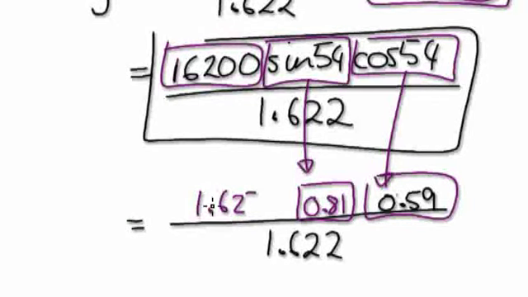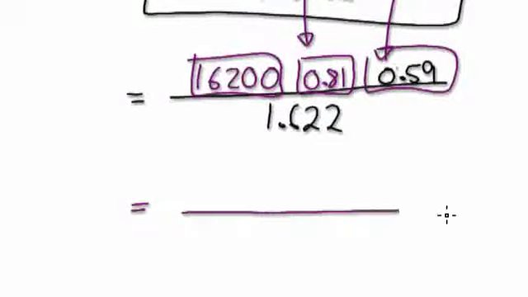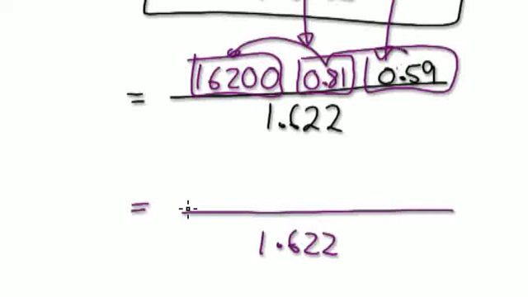1.62. No, it's not 1.622. It's 16200. Okay. So let's jump to my calculator here. Let's multiply these three together.